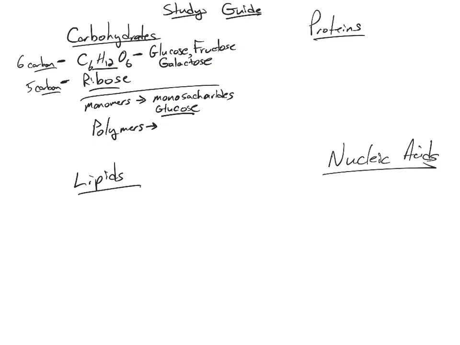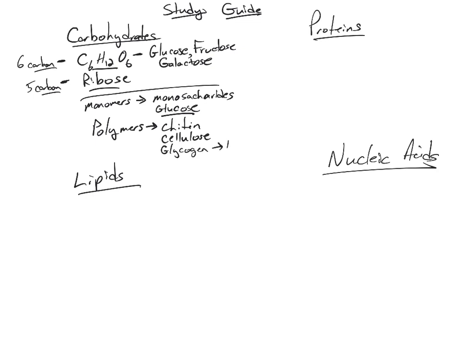And the polymers we talked about were chitin. We talked about another polymer called cellulose. And the last one that we called glycogen.